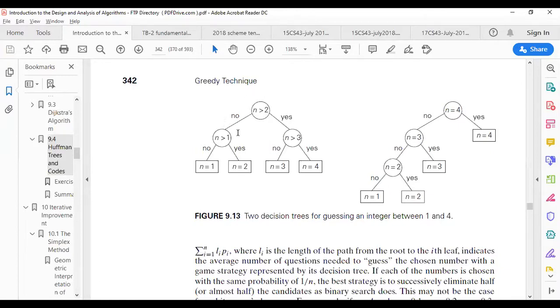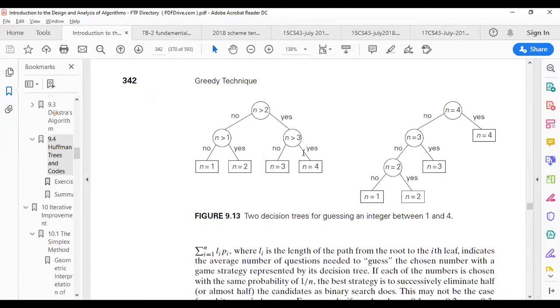If it is not, we move on to whether n is greater than 1. If it is true, then n would be equal to 2. Otherwise, n is equal to 1. Because we are on the left hand side where we said that n is not greater than 2, if n is not greater than 2 and n is greater than 1, then definitely n is equal to 2.